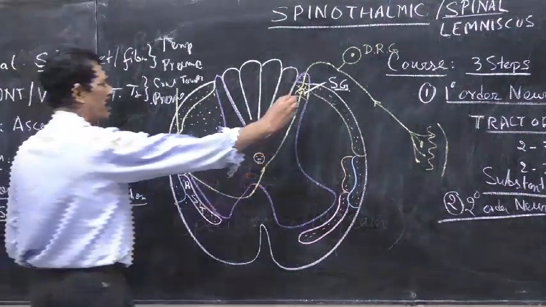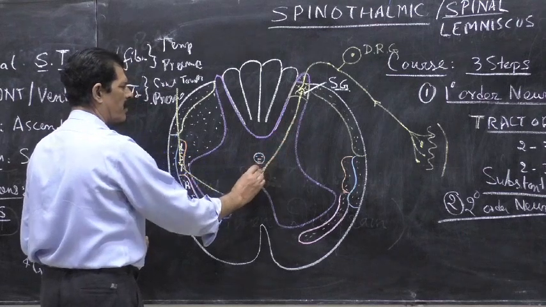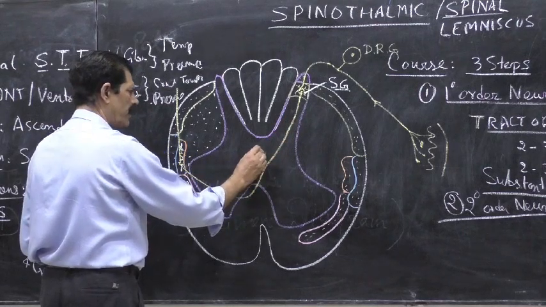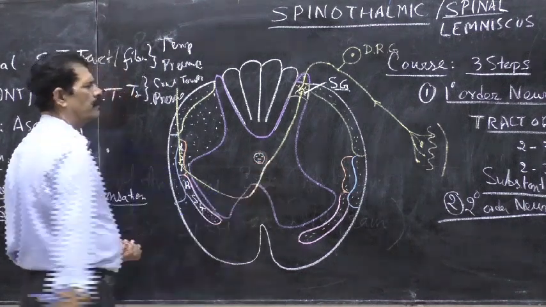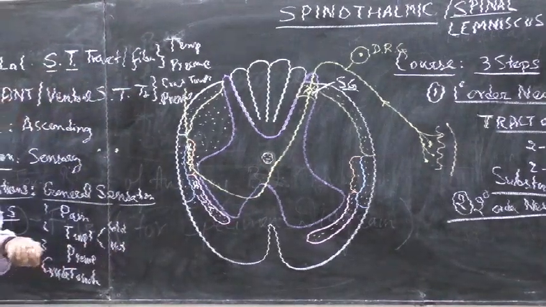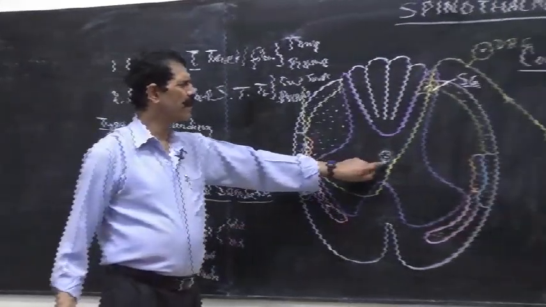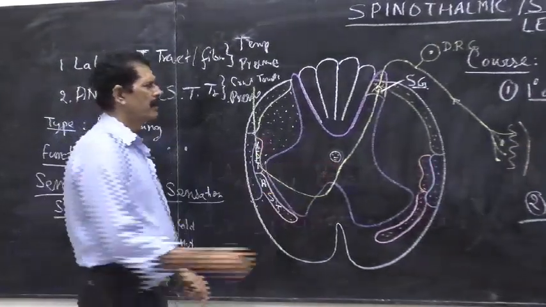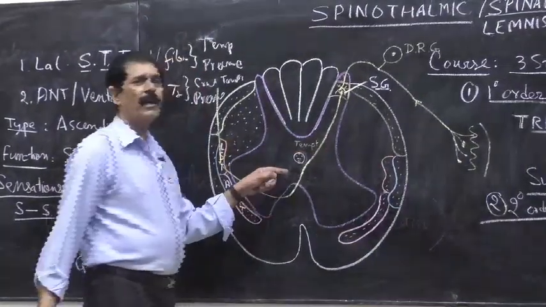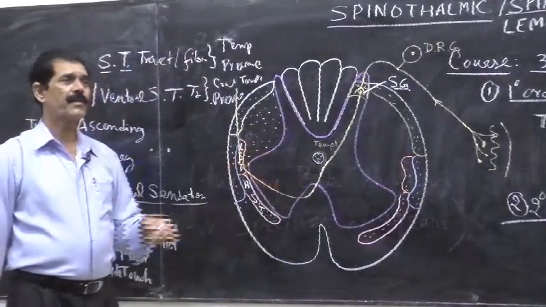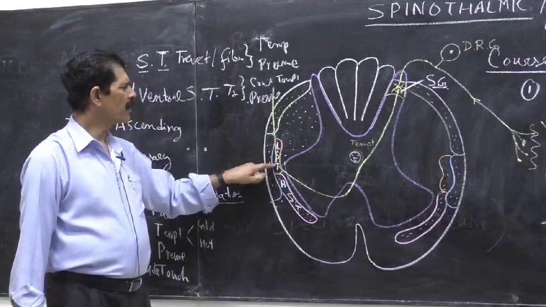So first of all, fibers of the temperature receptors from the dermis cross anterior to the central canal. So there is a definite sequence of the fibers which are crossing. First of all, anterior to the central canal come the fibers which carry the temperature, that is the cold and the hot receptors from the dermis, and they go to the opposite side into the lateral spinothalamic tract.